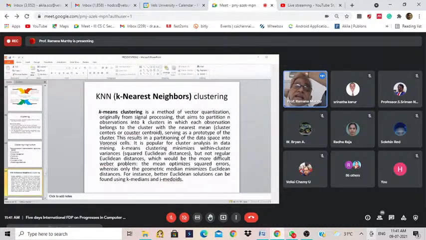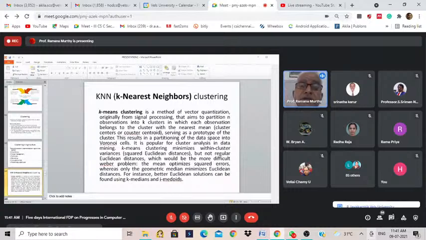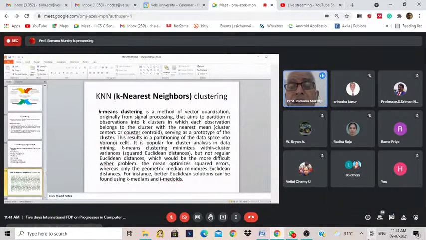What is this actually? K-means clustering is a method of vector quantization, originally from signal processing. It aims at partitioning n observations into k clusters, in which each observation belongs to the cluster with the nearest mean.